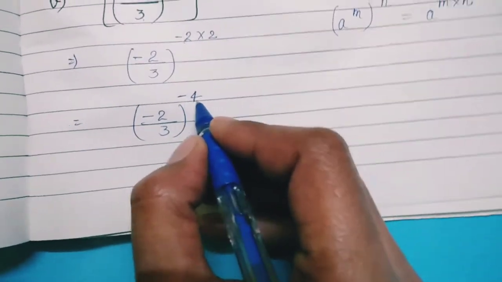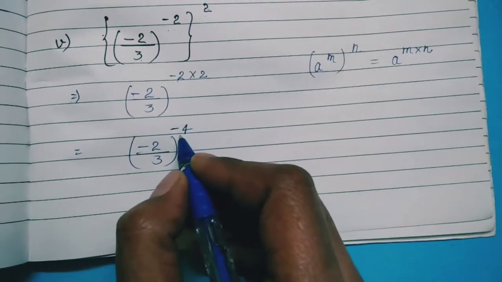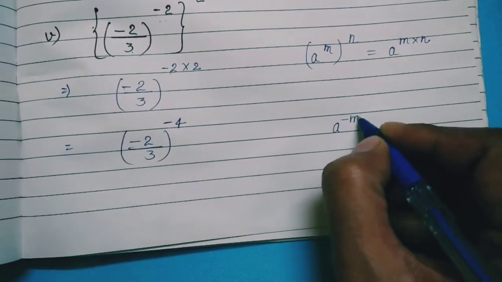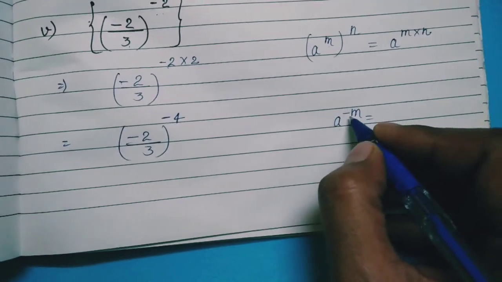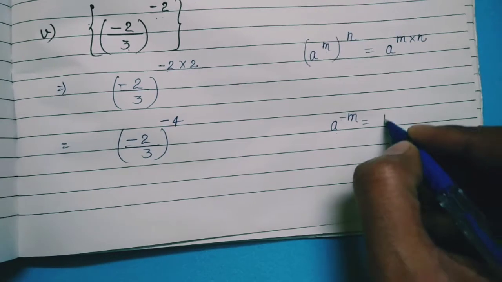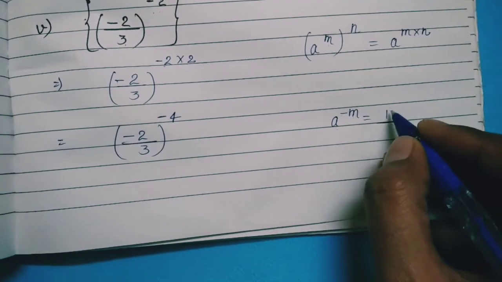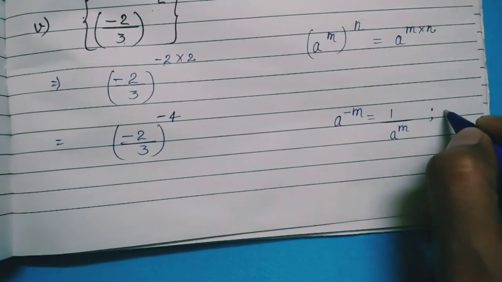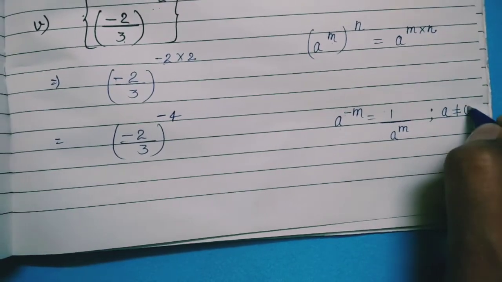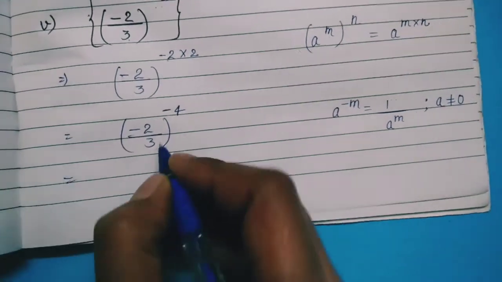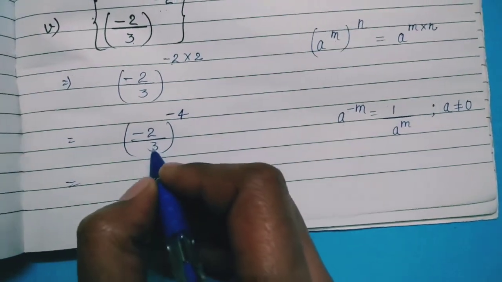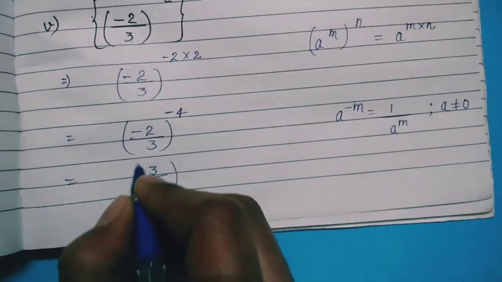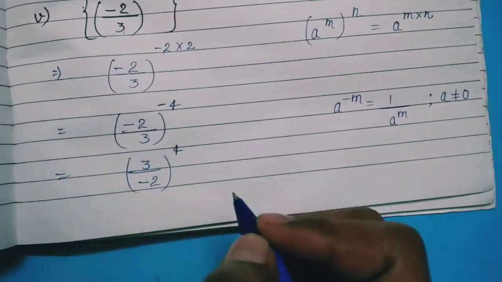Simply you can see the exponent is negative, so firstly we will change this exponent into the positive term. By using the law a raised to the power minus m, which will change as 1 by a raised to the power positive m when base is never 0. So you can see the base is not 0, so this 3 will come upside and negative 2 will come downside, having the positive exponent.